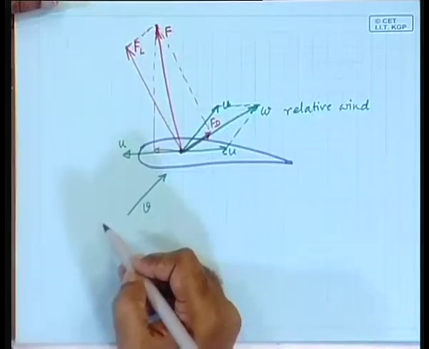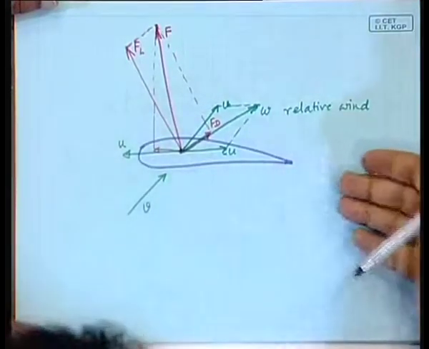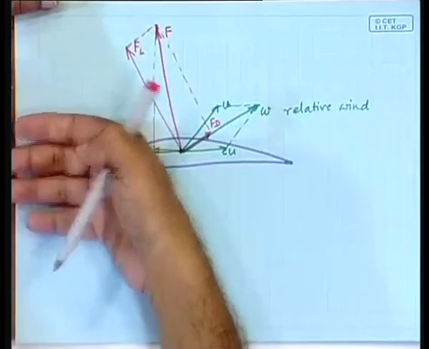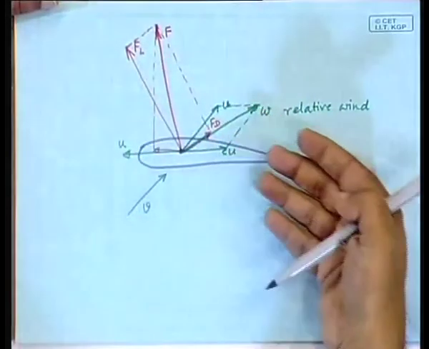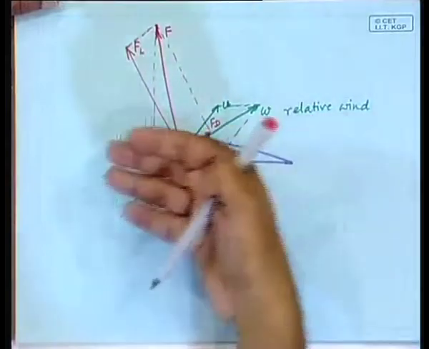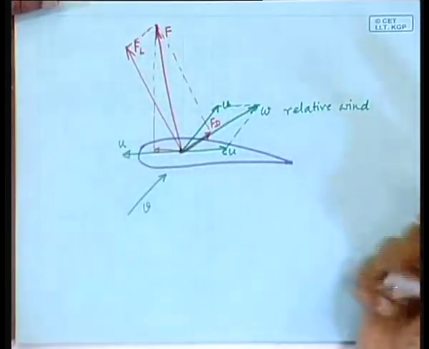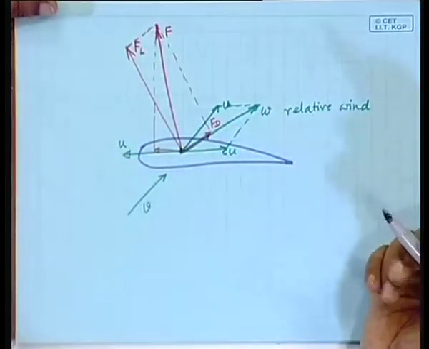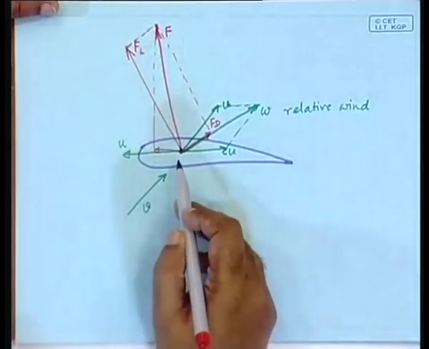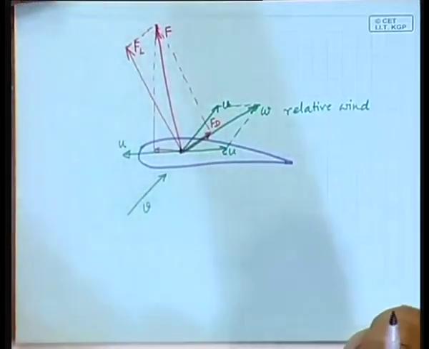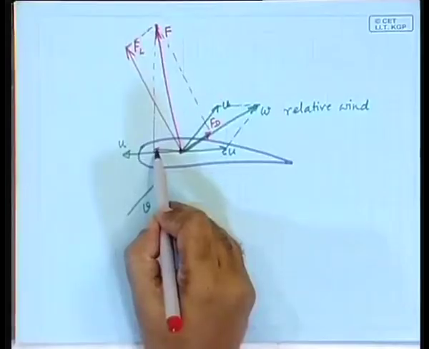What will it do? It will aid its motion. That means it is this force that will make it move in the direction it was moving already. Can you see that? So, because of this, actually the wind turbine rotates. Modern wind turbine rotates because of this force.